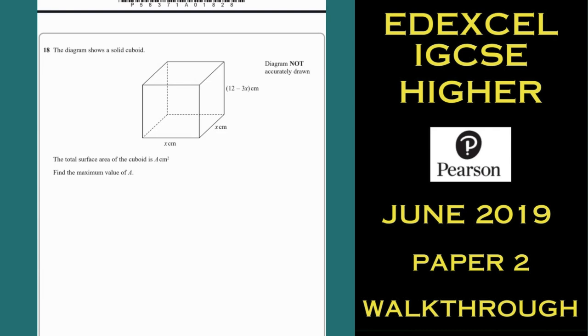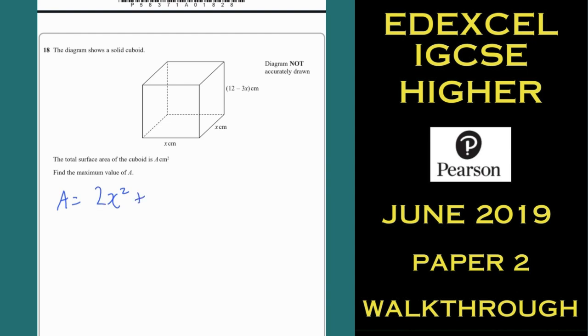On to number 18. So total surface area. It does look cubish, but they're not all the same. What we can say is that the base and the lid are. So for the surface area, the base is x squared, but there's a top and the bottom, so there's two of them.